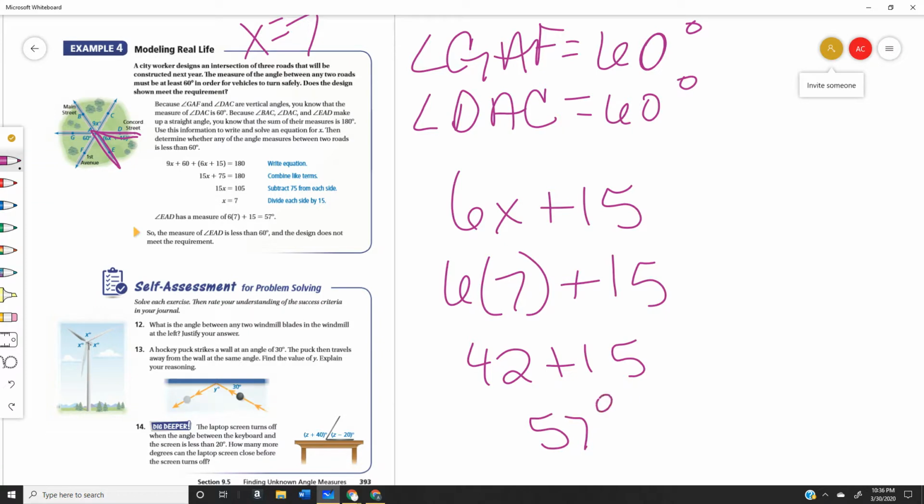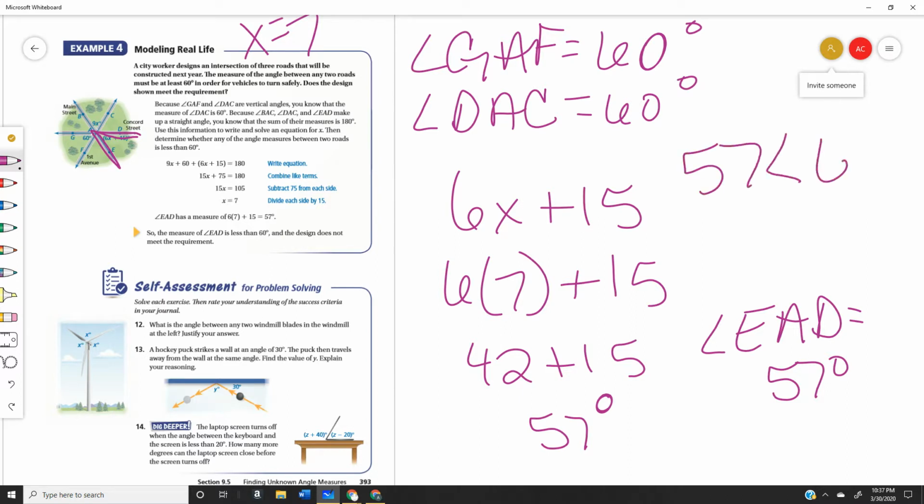So that means that angle EAD is 57 degrees. 57 degrees is not 60. 57 is less than 60, so this design does not meet the requirement.